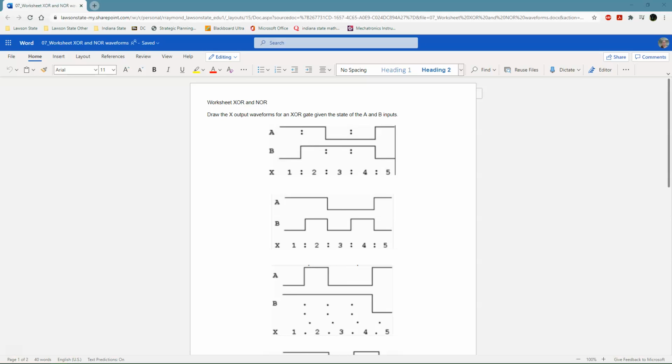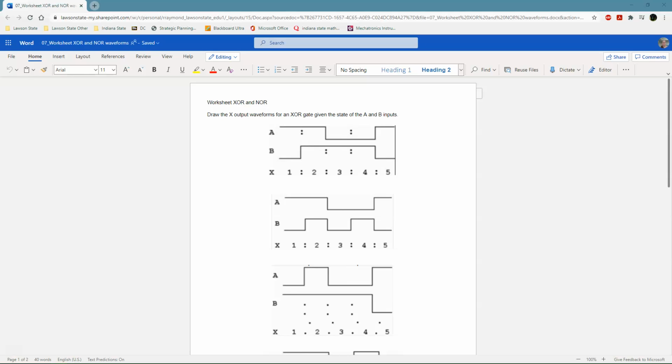Now, the truth table was that to get your output, if I have 2 of the same inputs, I will get no output.